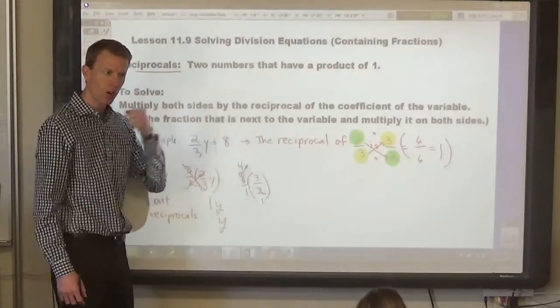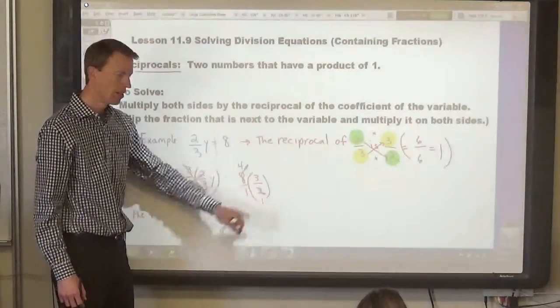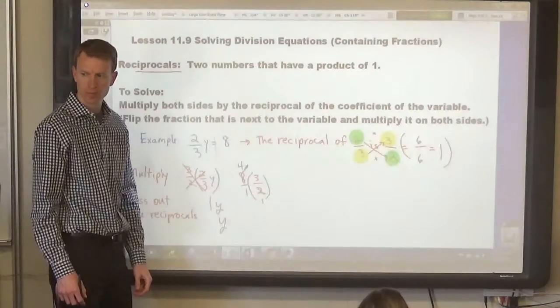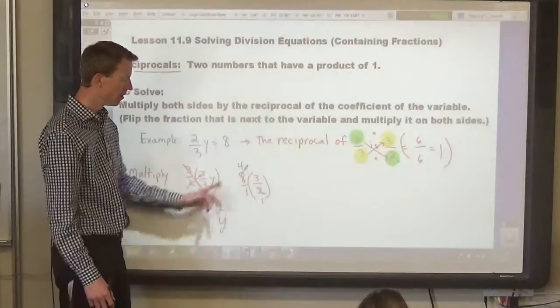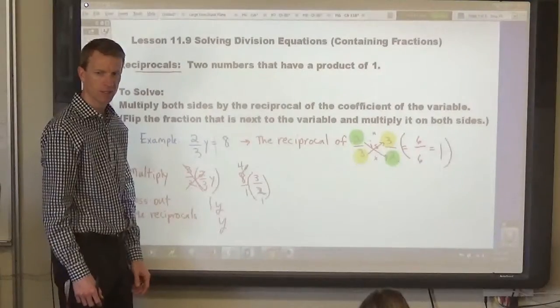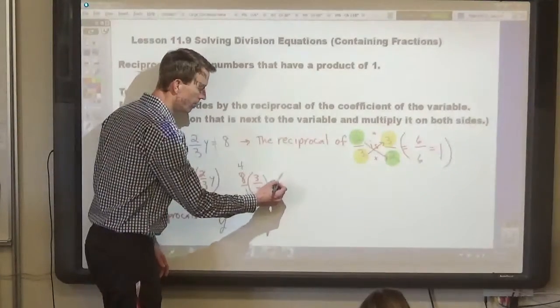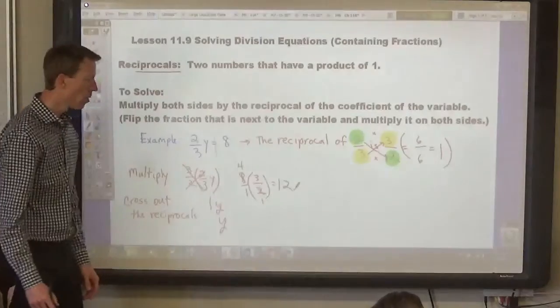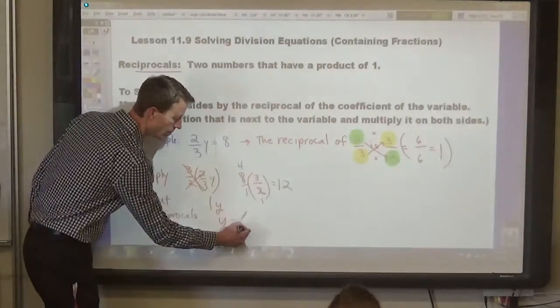So if we factor out the 2's, we're left with 4 and 1. And then multiply. 4 times 3 is 12. So what does y equal? 12.